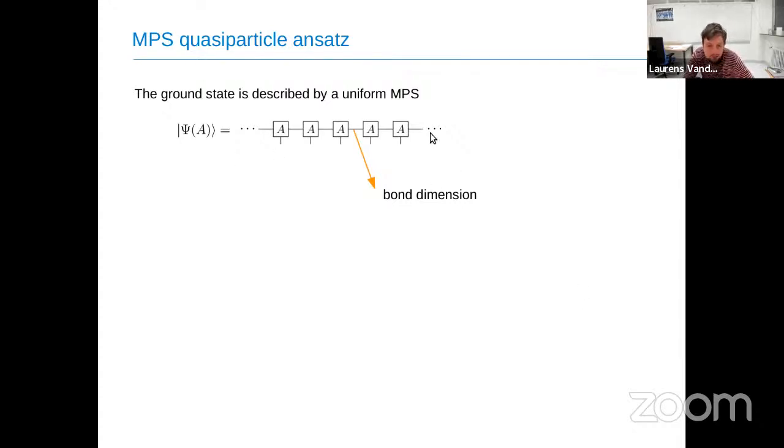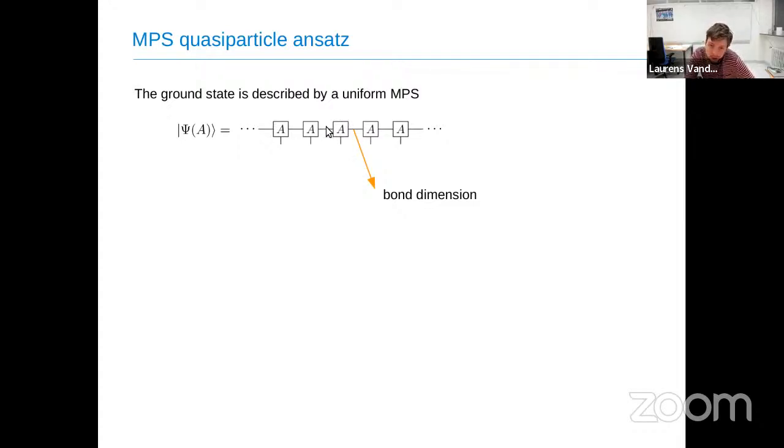So the idea of MPS, I don't know whether most of you are actually familiar with MPS, or matrix product states. The idea is that you take a spin chain, and the beautiful thing about tensor networks in general and MPS in particular is that the ground state of such a spin chain can be represented very efficiently using MPS.